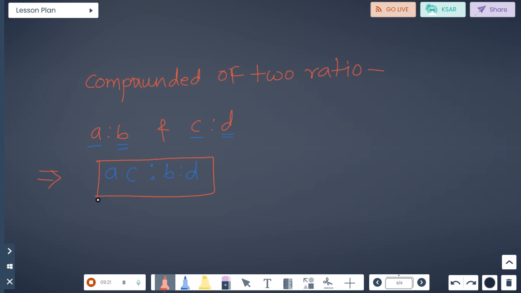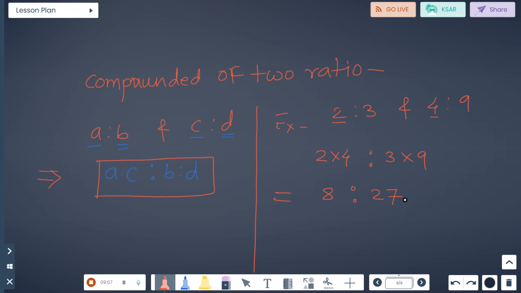For example, if the first ratio is 2 is to 3 and the second ratio is 4 is to 9, and the question is to find the compounded ratio of those two ratios, this is 2 multiplied by 4 is to 3 multiplied by 9. 2 multiplied by 4 is 8, is to 9 multiplied by 3, 27.